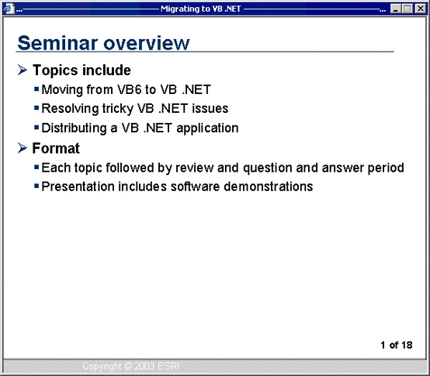In our second topic, we'll look at some tricky situations, such as error conditions or syntax that you might encounter in VB.net, and give you some tips for how to resolve them. In our final topic, we'll talk about how to deploy a VB.net application, in the sense of what are the basics for distributing this application to client machines. After each topic, the seminar will be open to questions.